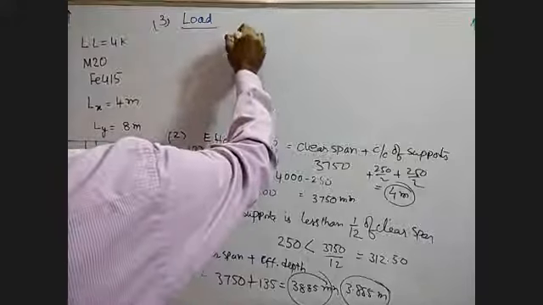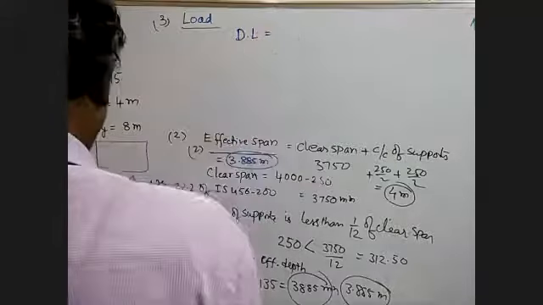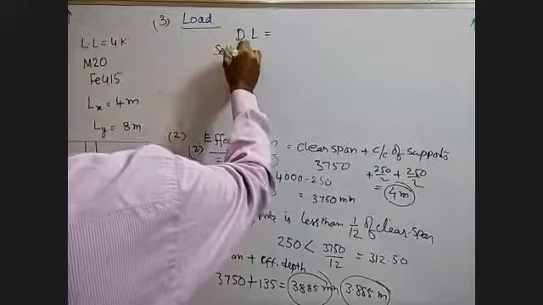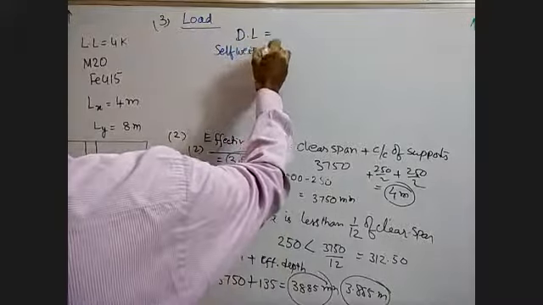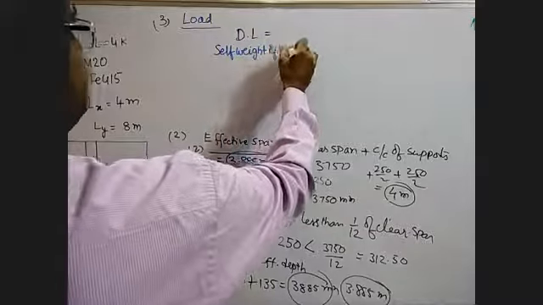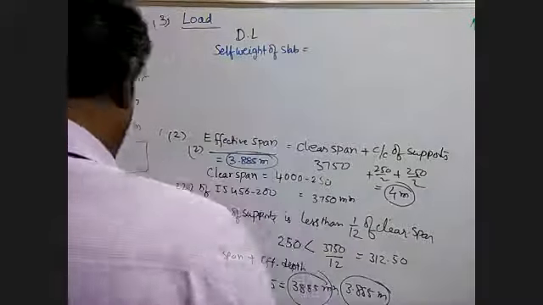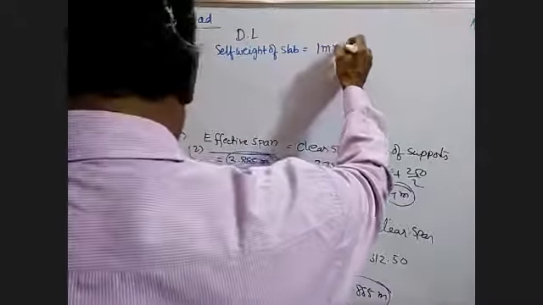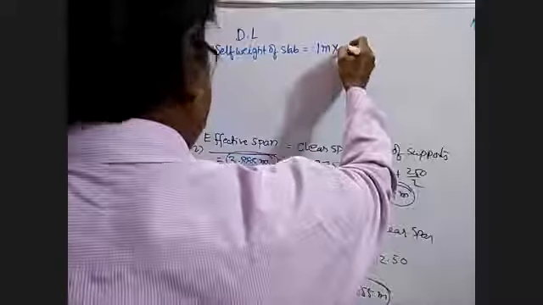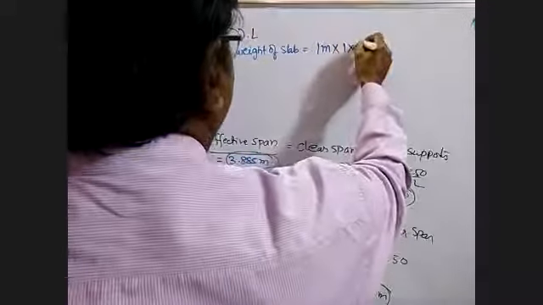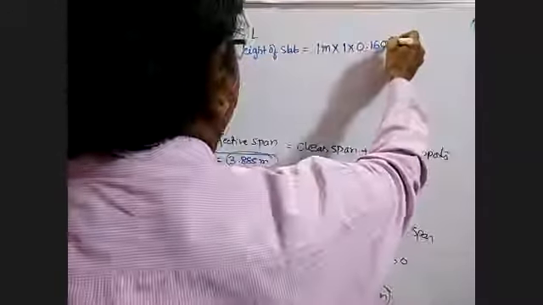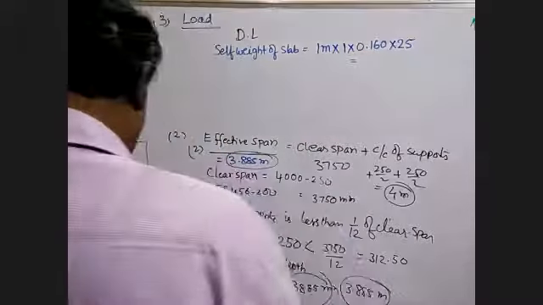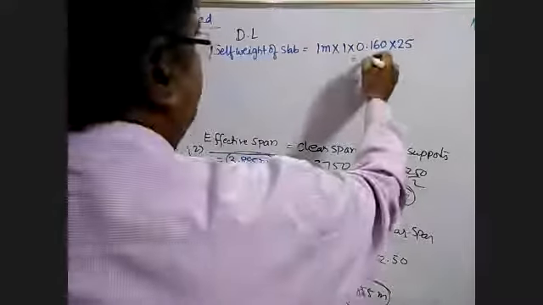The dead load is the self weight of the slab. Slab is equal to 1 meter slab, breadth is 1 meter, thickness is 0.160, into 25 unit weight of RCC. It comes to 4 kilonewton per meter.